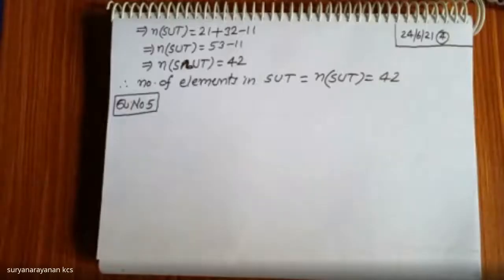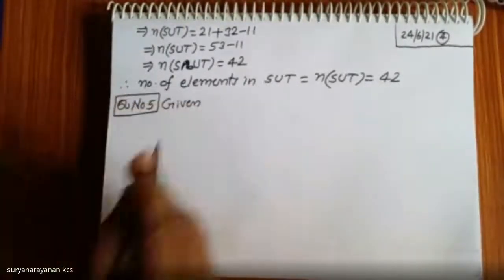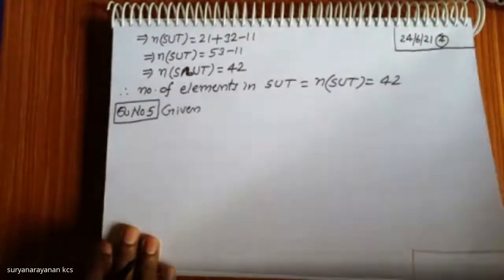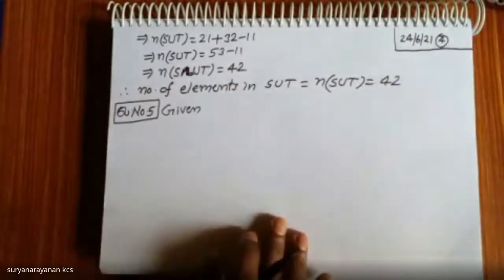Okay, my dear children. What is given here? Can you tell me in the notation form? What is given in the question? Have you understood the question, my dear children?